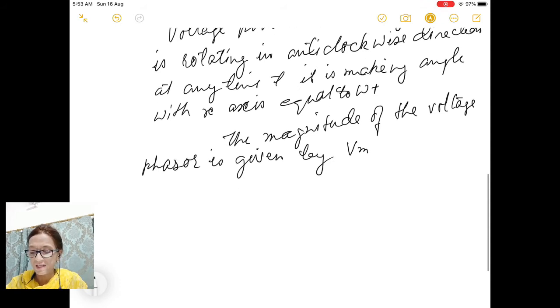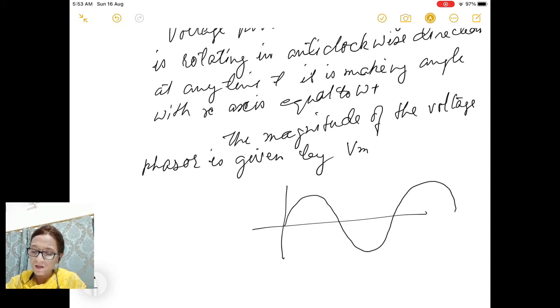And what is voltage amplitude? If you draw an instantaneous voltage versus angle curve, here you have angle omega t or theta, and here you have instantaneous voltage, then the highest value is called the voltage amplitude.